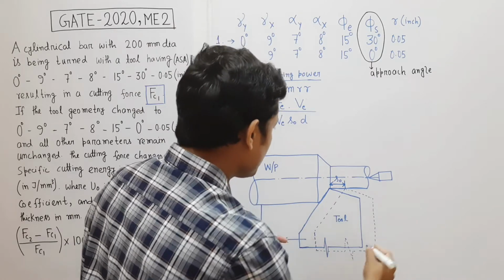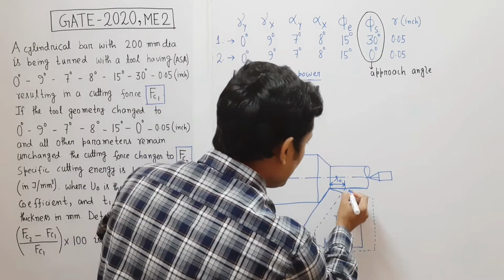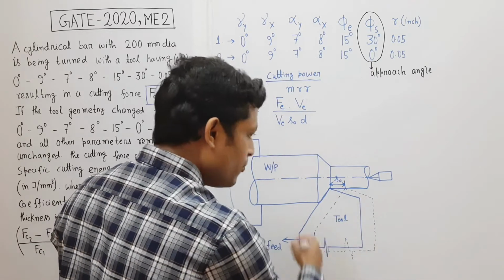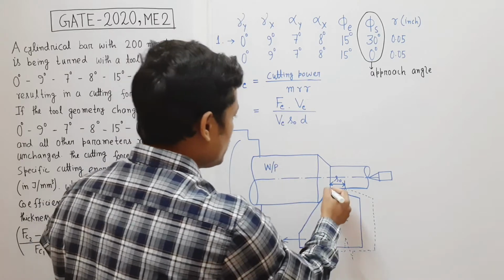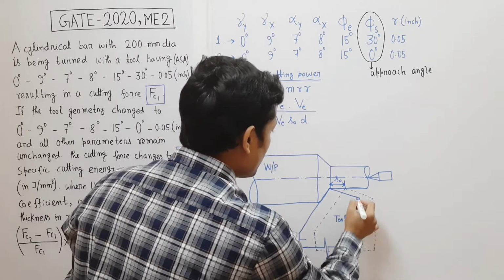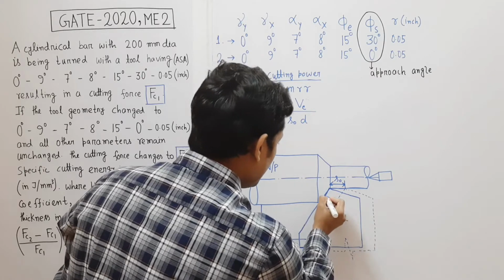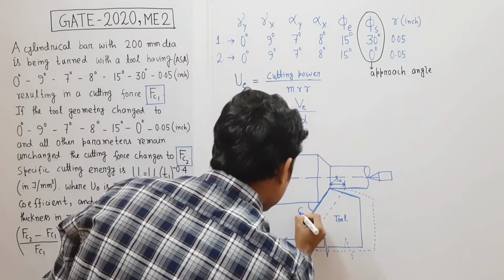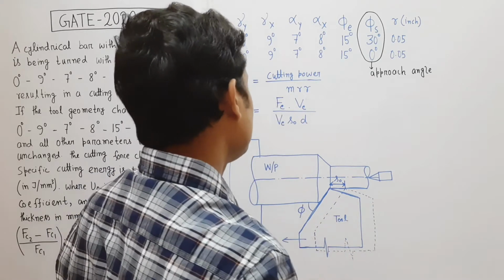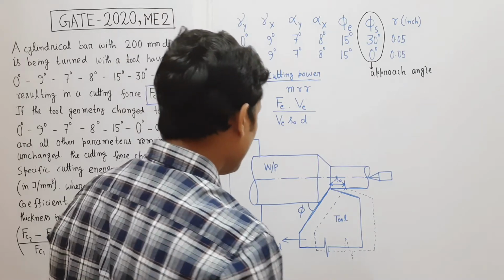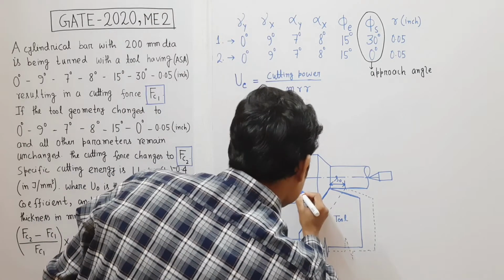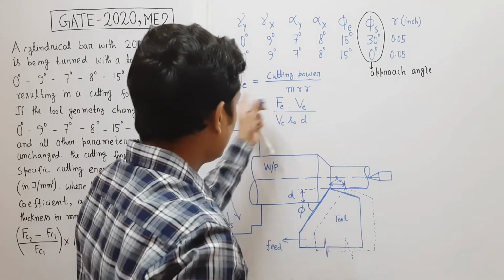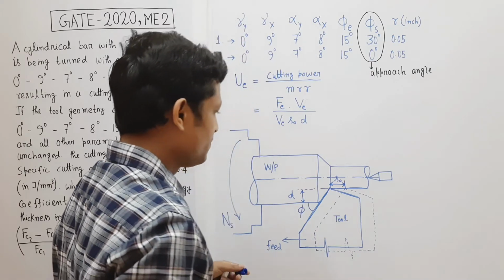Before one rotation, the tool was at the dotted position, and after a complete revolution of the workpiece, the tool has occupied this continuous line position. This is called the main cutting edge, this is called the auxiliary cutting edge. This angle is phi, the principal cutting edge angle. And this is the feed direction, and this much is my depth of cut. So all the parameters have been described.